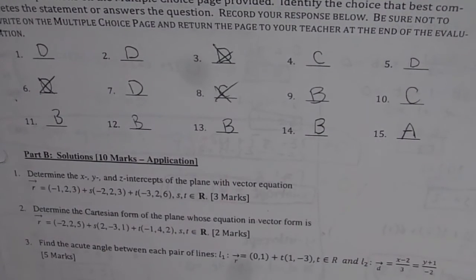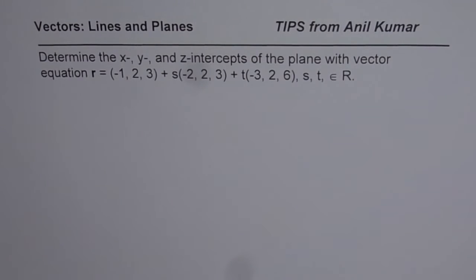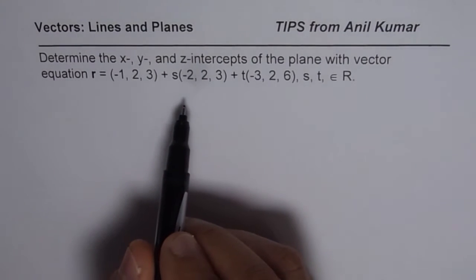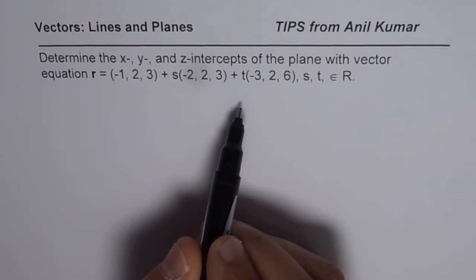Now there are many different methods to solve this. I'll discuss with you one of the most efficient ways of answering this particular question. You will find that the Cartesian form of the plane is probably the best to find the x, y, z intercepts, and therefore our strategy is to write the equation in Cartesian form.